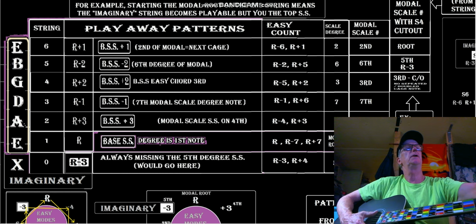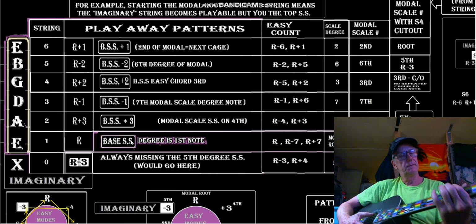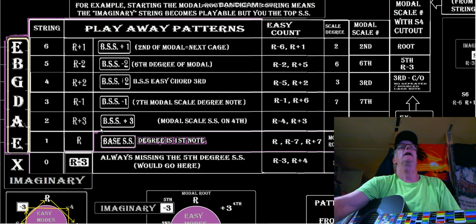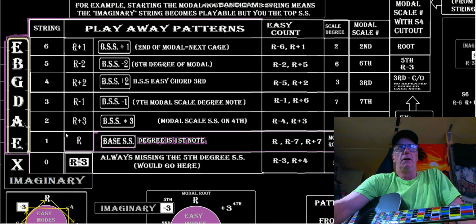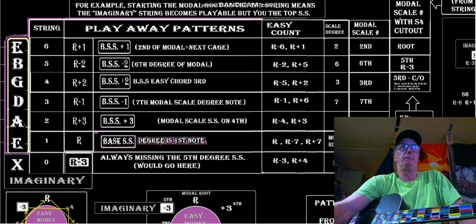That would go 3, 4, 5, 6, 7, root, 2, 3. In that case, we could call that bottom E string the root. But whatever we call it, it is certainly the bass string shape.